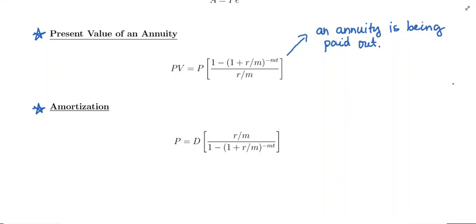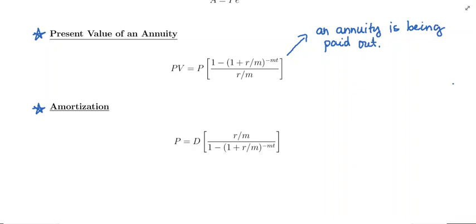Whatever nest egg has accumulated, you might be receiving a paycheck maybe every month out of that retirement account for you to live on during your retirement years. The kicker is, yes, you're receiving these regular paychecks, the annuity is being paid out, but you've got to remember that whatever money is still in the account is still earning interest. So that's the whole idea there.